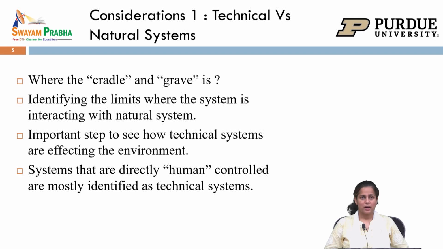Systems that are directly human controlled or something that we can control, such as the manufacturing process or recycling process, those are mostly identified as technical systems. So, once we have this idea, we can draw system boundaries that identify the points of interaction of our product life cycles with the environmental systems.